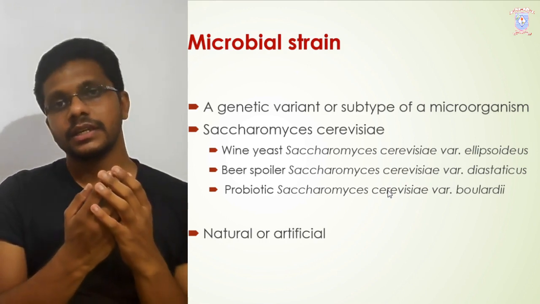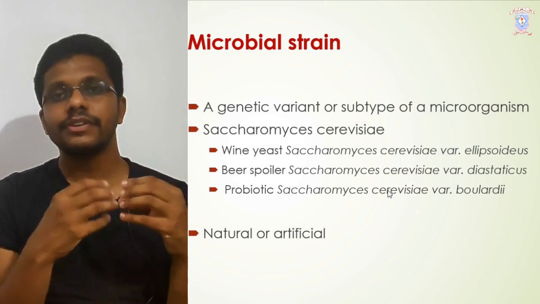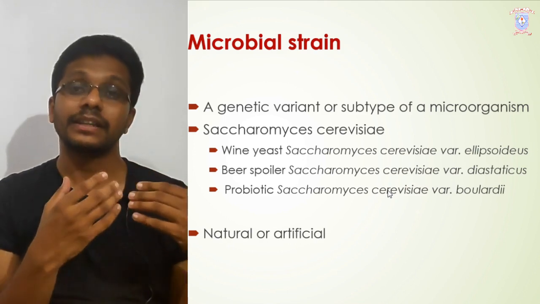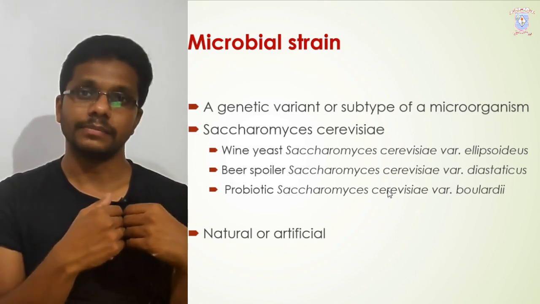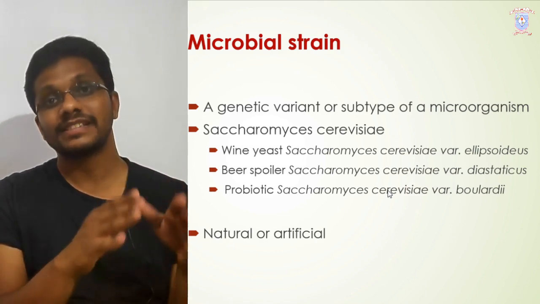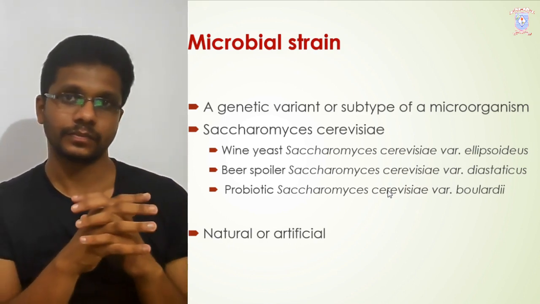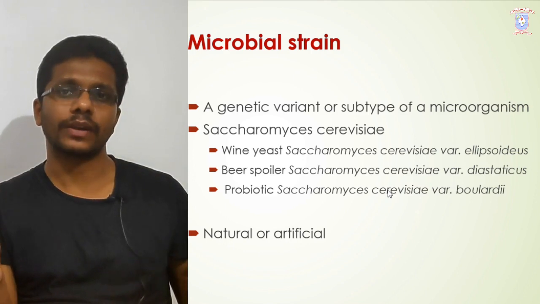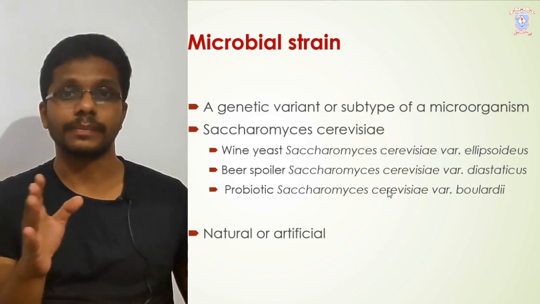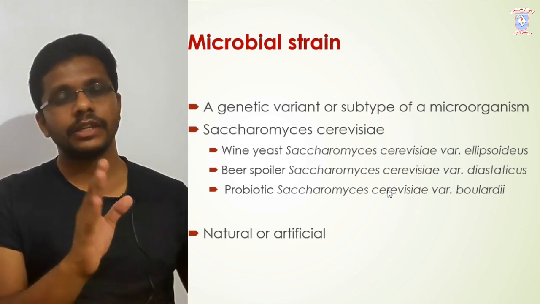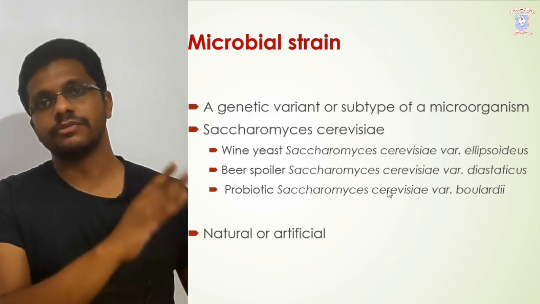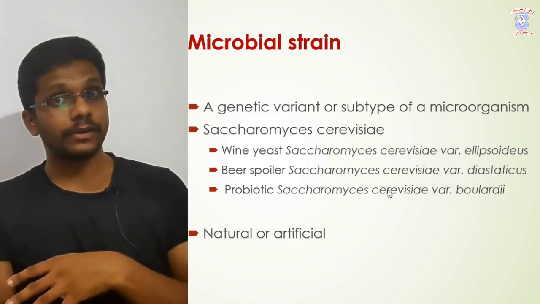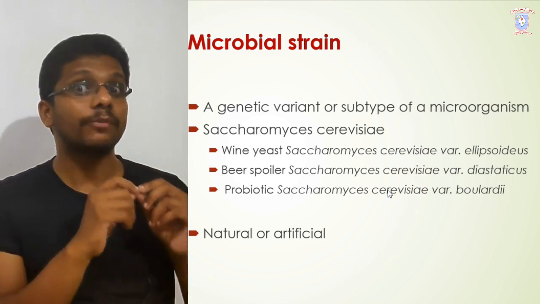In industry, even if we are using a particular species of microorganism, based on the process, we may select one variant or another. The most widely used microorganism in industrial biotechnology is Saccharomyces cerevisiae. We know it can be used for the baking industry, for breweries, as a probiotic, everything, but it is not the same organism.